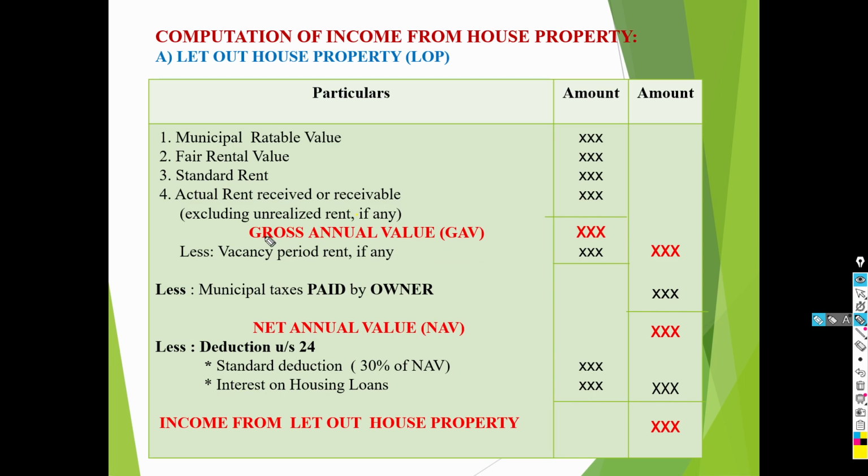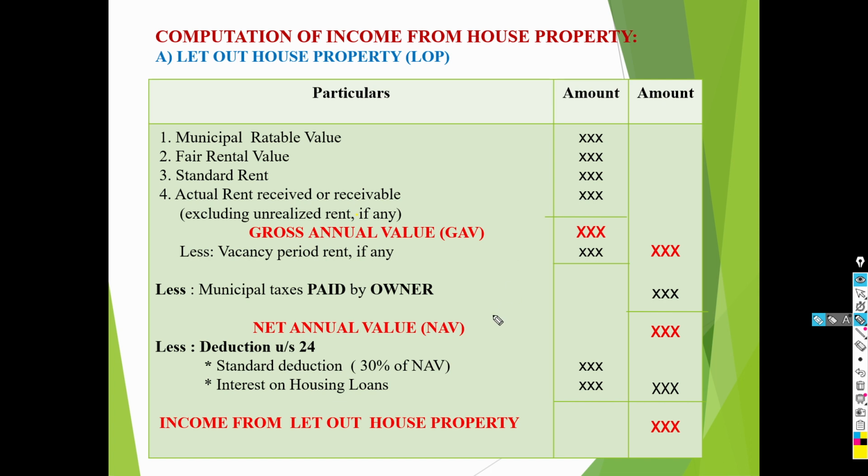And if gross annual value is not equal to annual or actual rent, at that time you cannot deduct the vacancy period rent. This is the simple trick you have to remember.